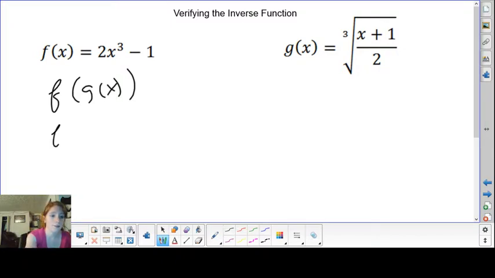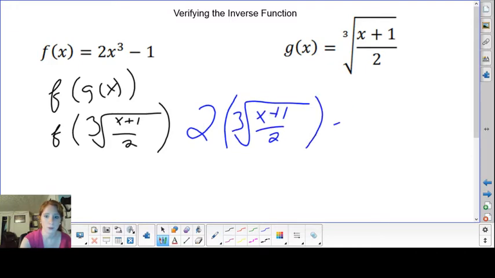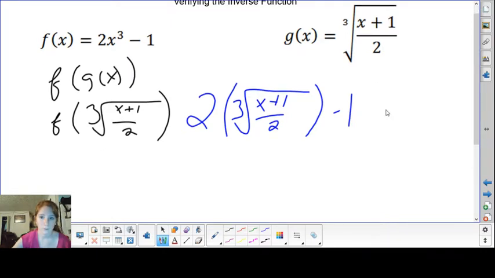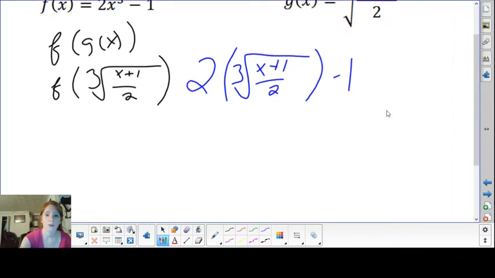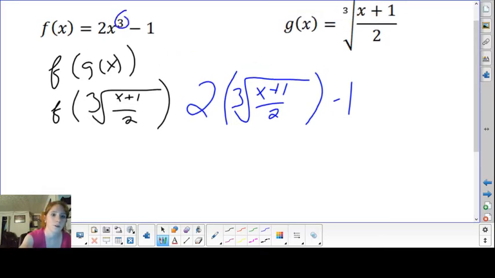I have f of the cube root of x plus 1 divided by 2, which means I'm going to have 2 times the cube root of x plus 1 divided by 2, minus 1. Pause. There's a cube here. I need a cube here. Okay, let's keep going.